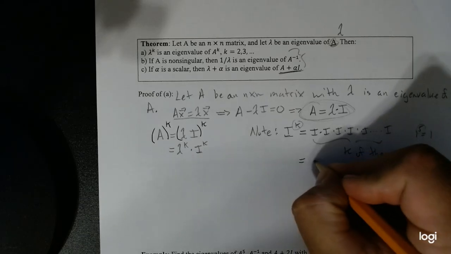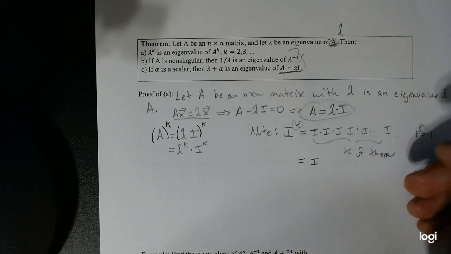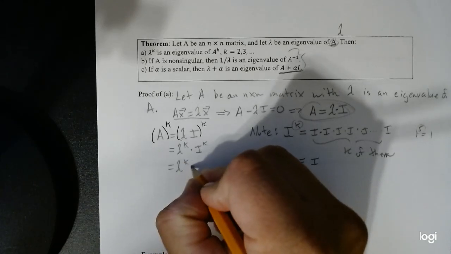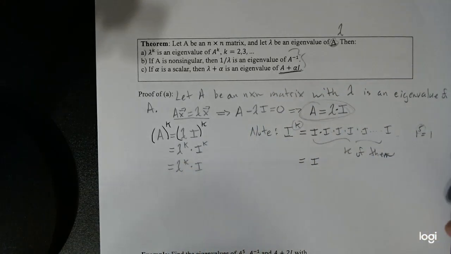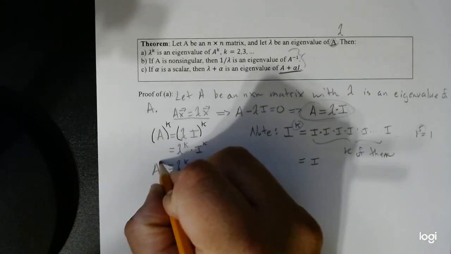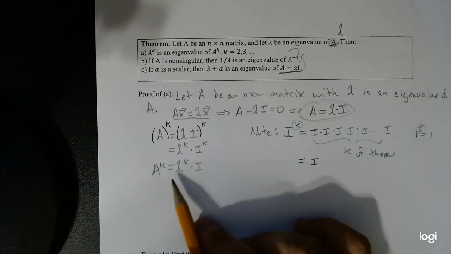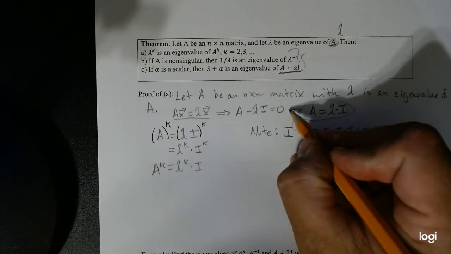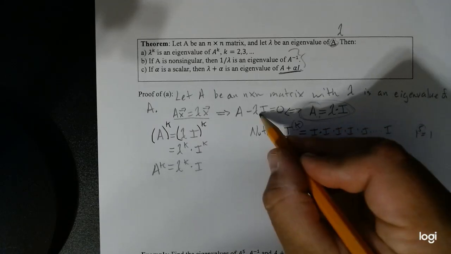So really, this is all just I itself, which is nice because if I resubstitute this process here, I get that. Okay. Well, again, what does this mean? By just going the same process backwards, that's saying this is true.